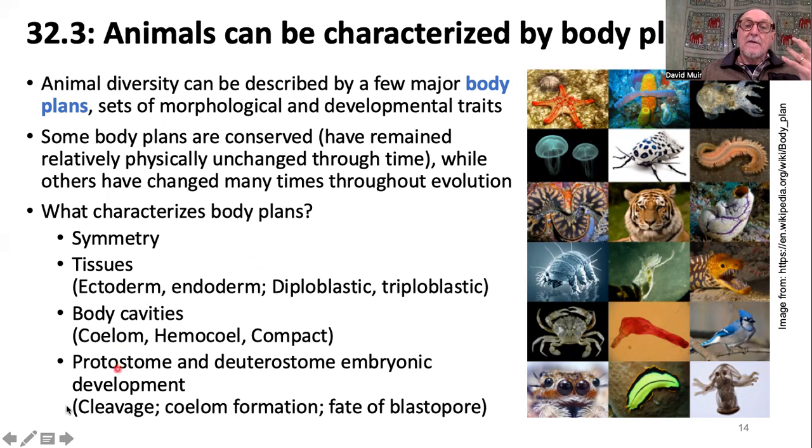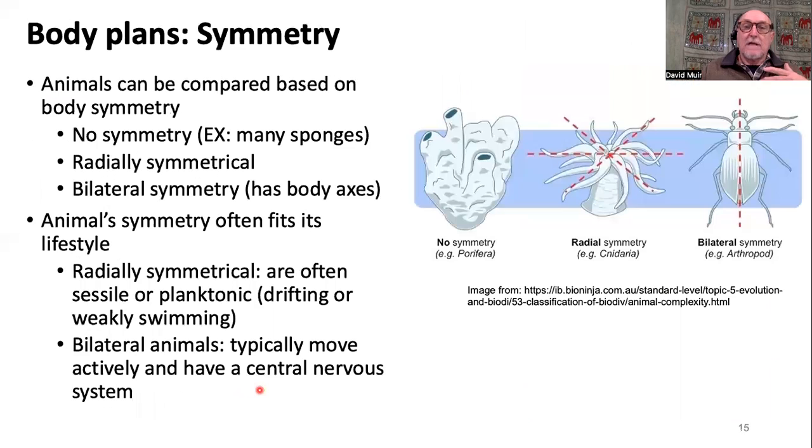And the really important feature is the early embryonic development, how division in that zygote takes place and what the fate of those cells is. So all of these things are of importance, and I'll explain each absolutely clearly, I hope.